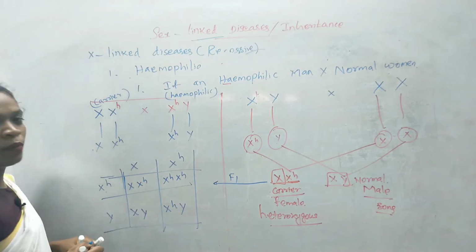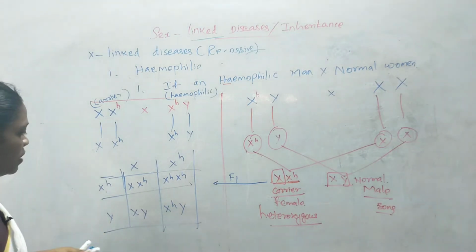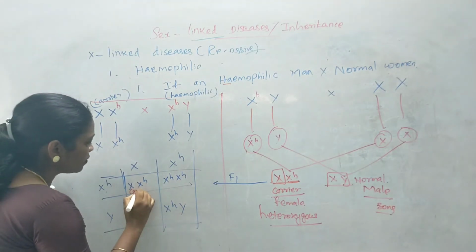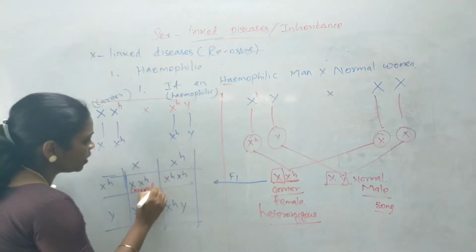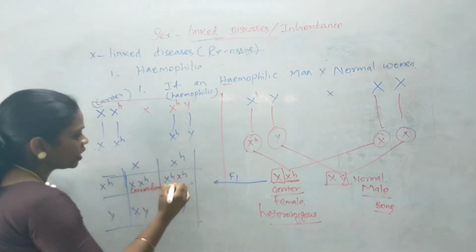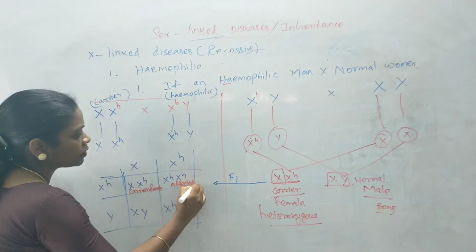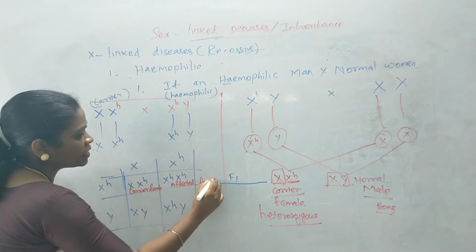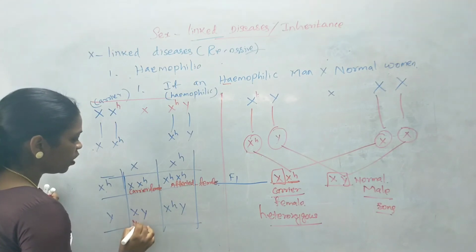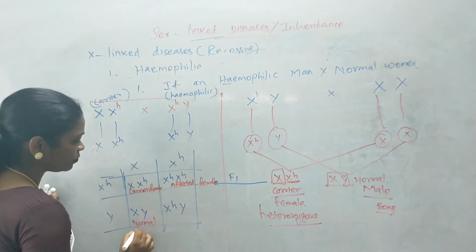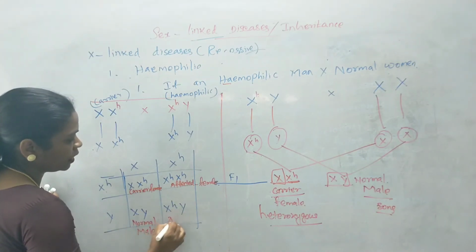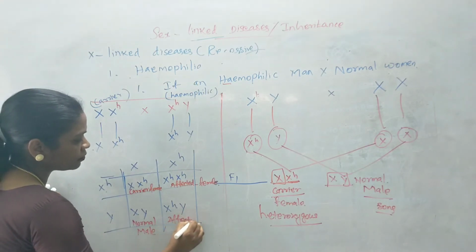So based on this, we can come to the conclusion that she will become the carrier female. And this is an affected female. The female will be affected by the disease. And here a normal male, here an affected male.